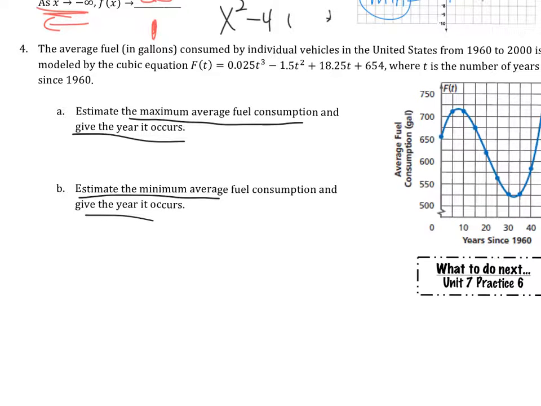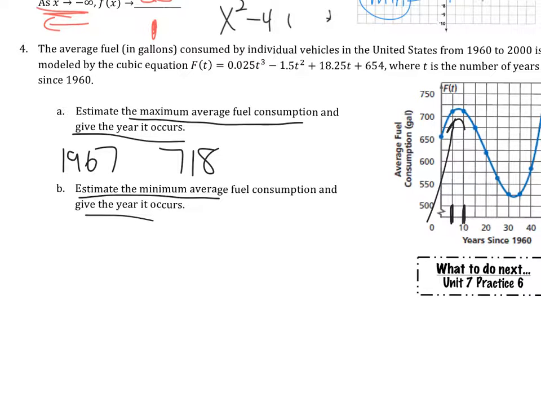So my maximum is going to be probably right there. And let's see, it's not quite at 10. A little beyond 5, so I'm going to go with probably year 7. Since 1960, that would be 1967. And that's going to be about 718 gallons.